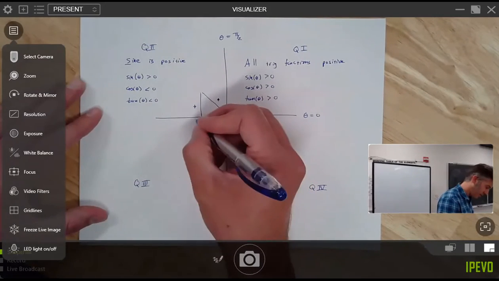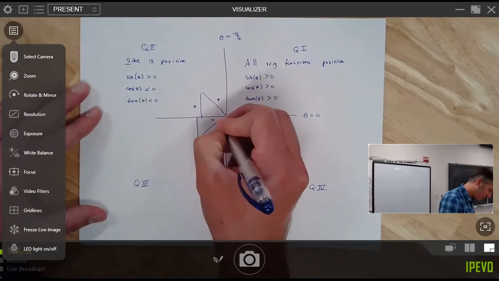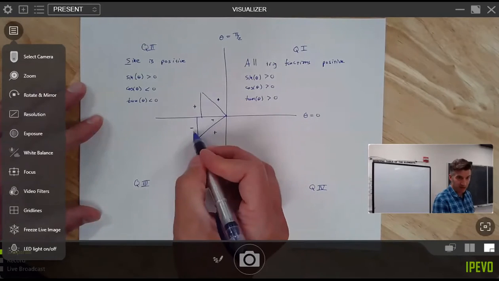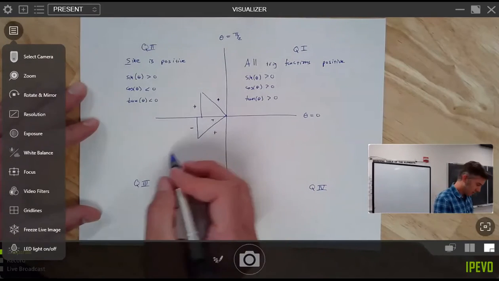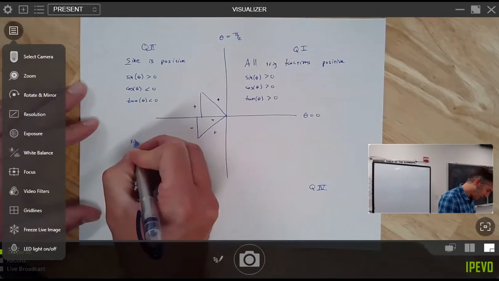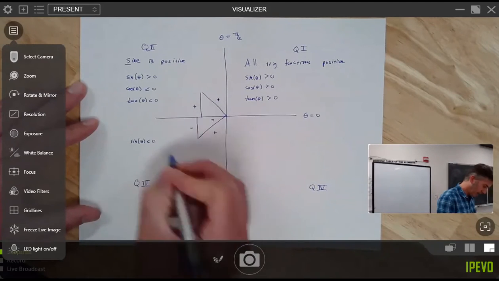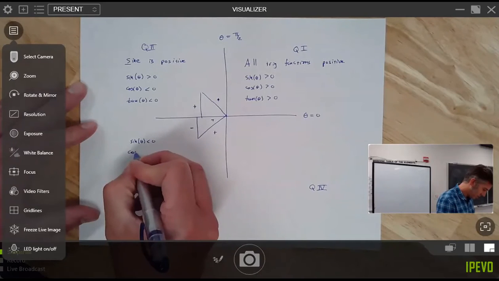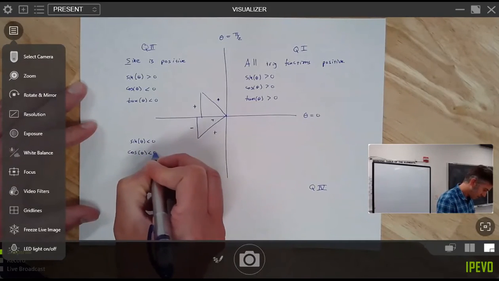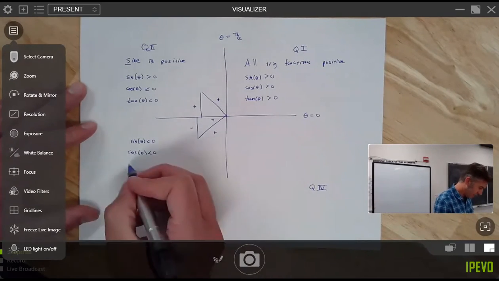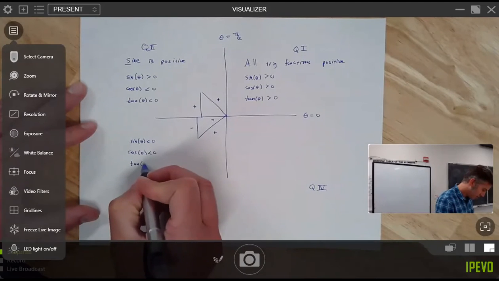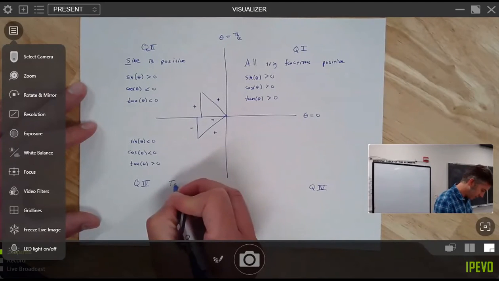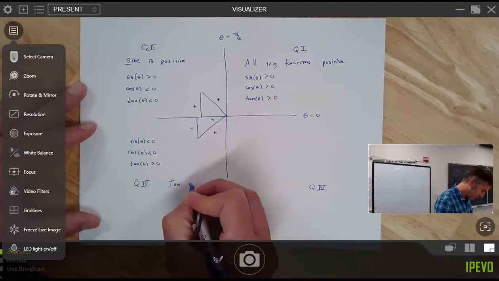And then if you're down here in quadrant 3, now the adjacent and the opposite are negative. So sine is going to be negative because it's opposite over hypotenuse, which is negative over positive. Cosine is going to be negative because it's adjacent over hypotenuse. But tangent is going to be positive. So in quadrant 3, we say that tangent is positive.